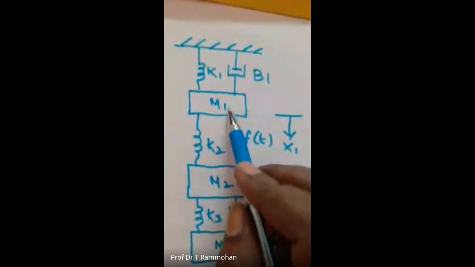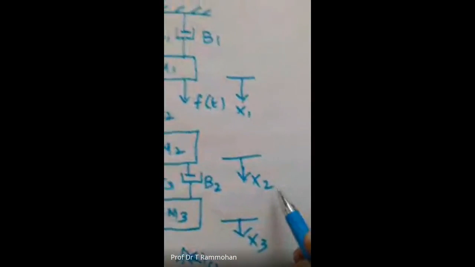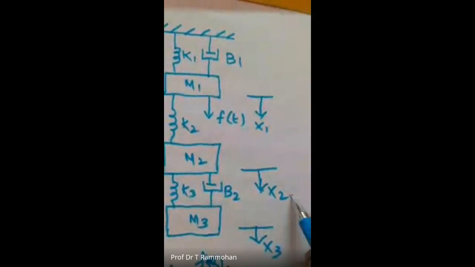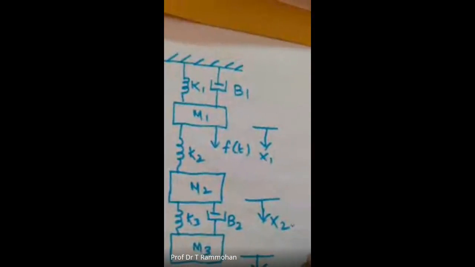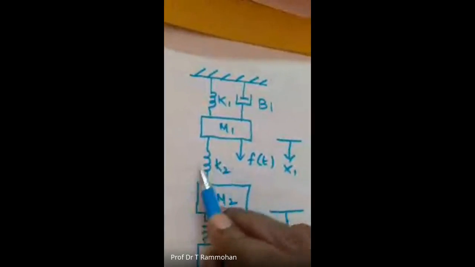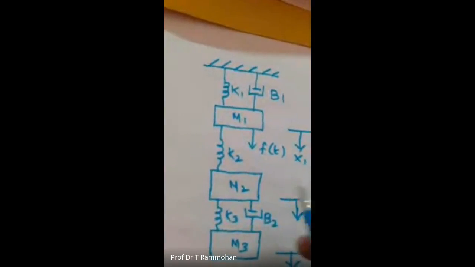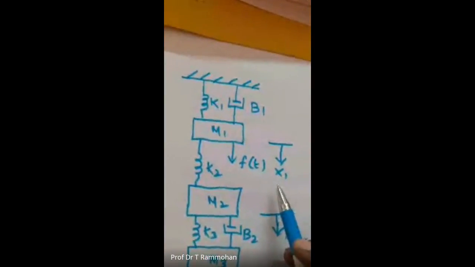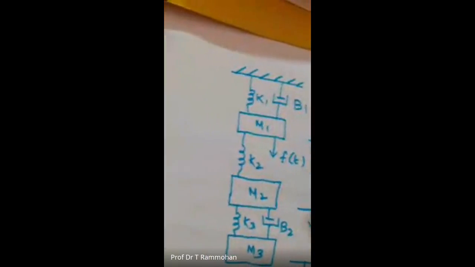As far as M1 is concerned, the displacement x2 is negative. That is why when we write the force equation for K2, listen here, Fk2 equal to K2 into x1 minus x2.